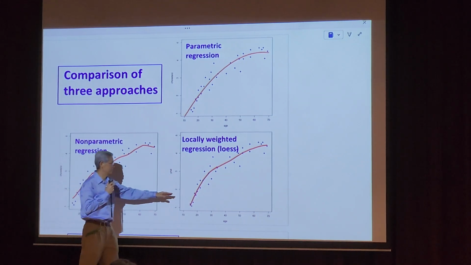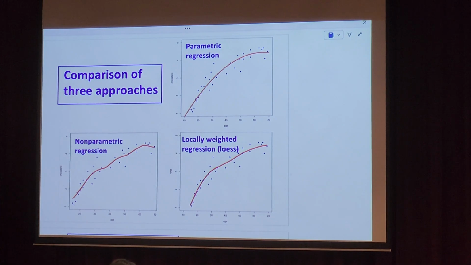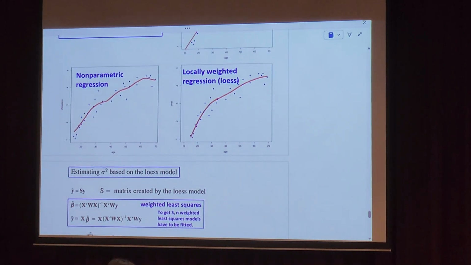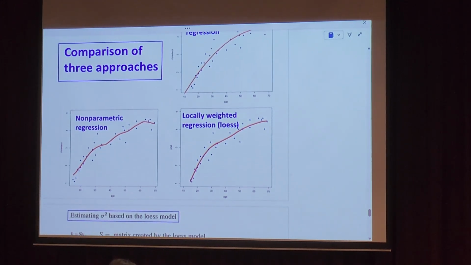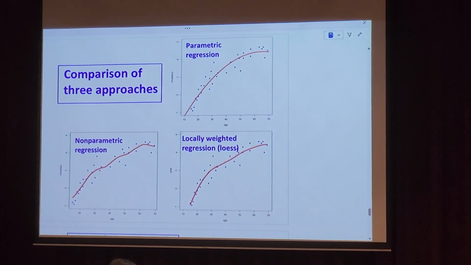But this curve appears to be slightly smoother. So this one has a bit more variability in the line. Well, so it's a matter of choice. Which one do you want to use? So which one do you like? So there's only one parametric model. The other two are non-parametric approaches.